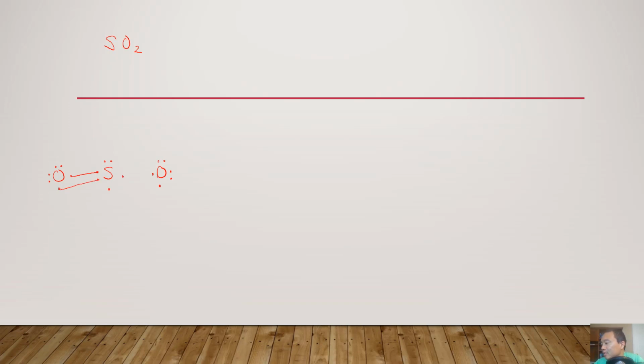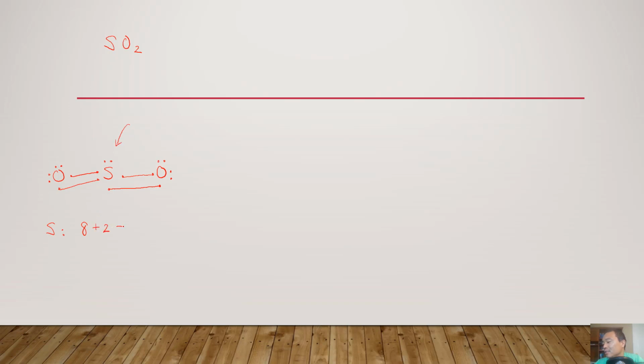On the right side, it's very similar. So now, when you look at the center atom, sulfur, how many valence electrons does it have? It has 2 double bonds, that's 8 electrons. It also has 2 dots over there.